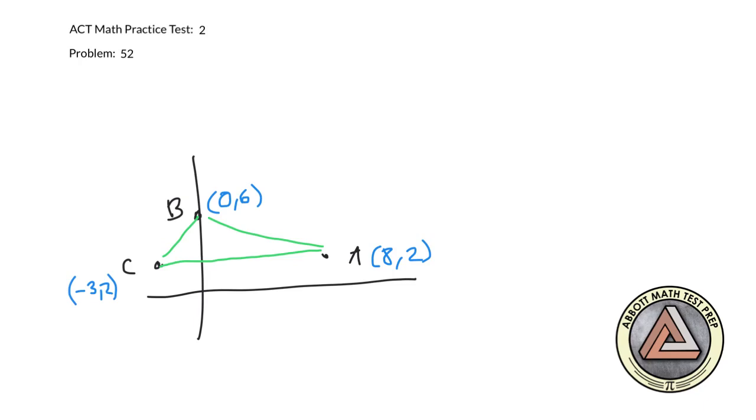So apparently point C, which is this one, could be moved along a certain line with points A and B remaining stationary, and the area of ABC will not change. What is the slope of that line? So we're going to keep B and A in place. In fact, I'm going to mark them with red, which will communicate to us that these points are not moving.